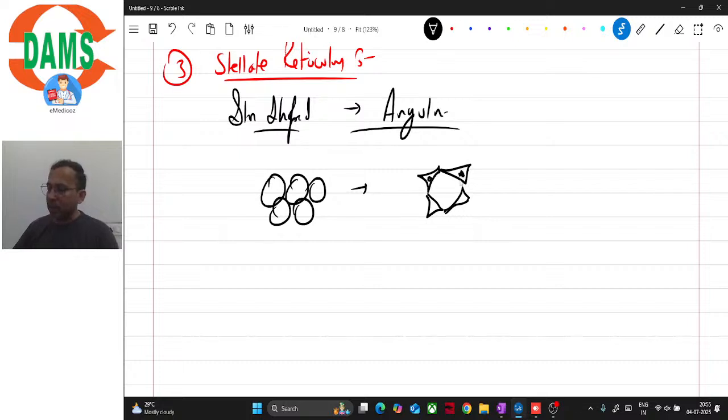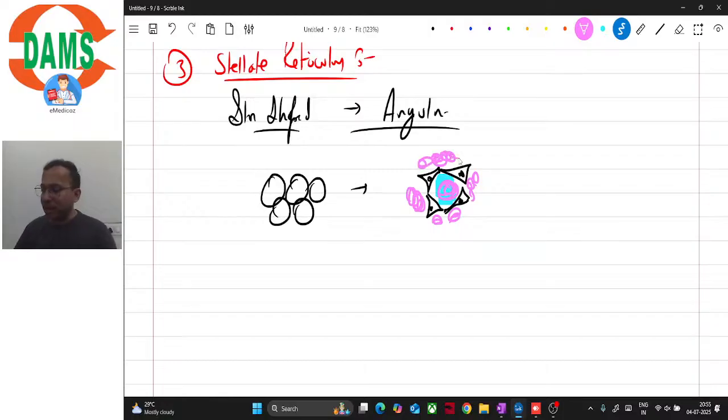These are the cells, and this is the space between these cells, isn't it? The space between these cells is filled with a certain substance.